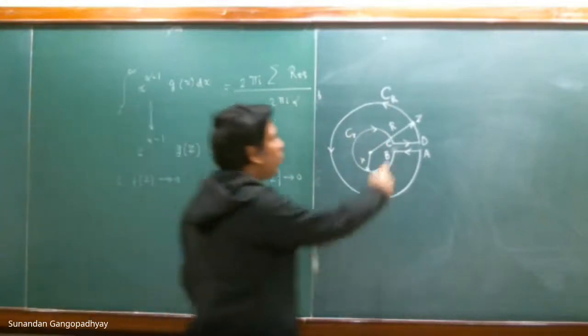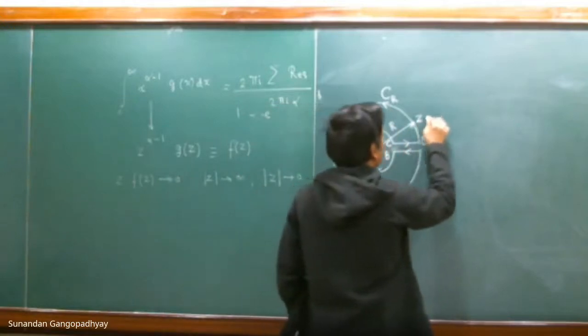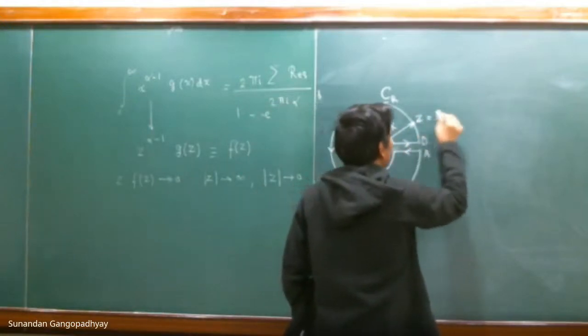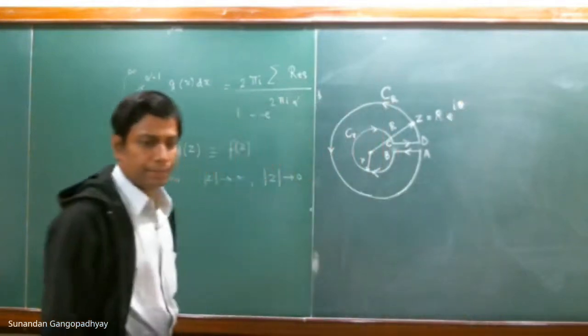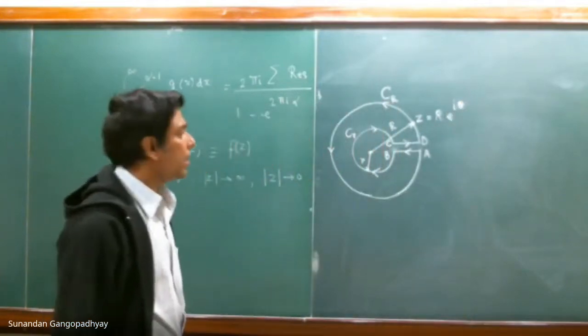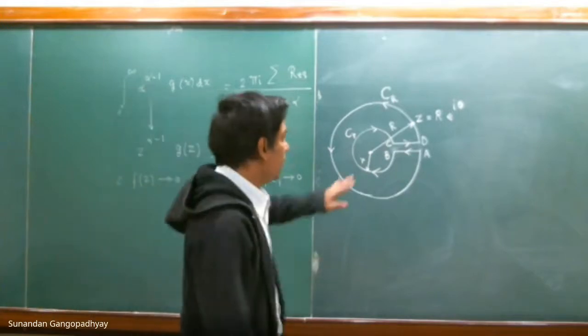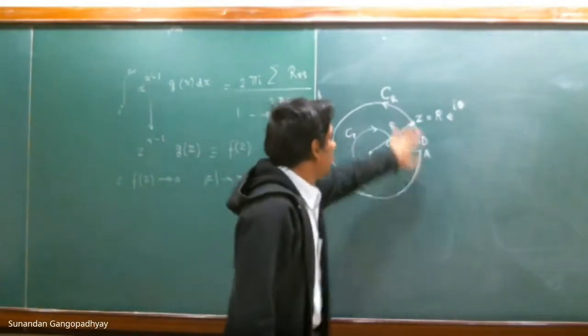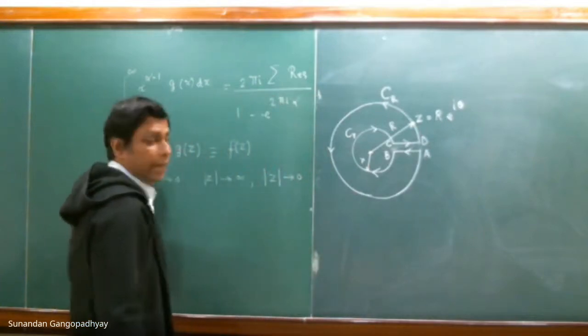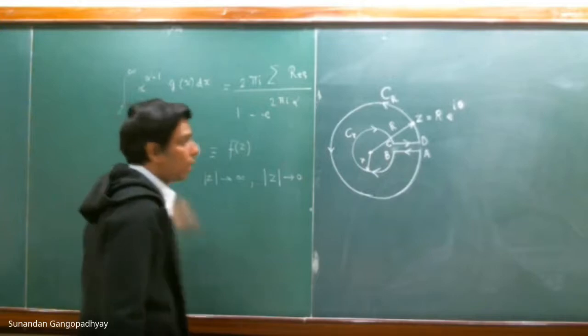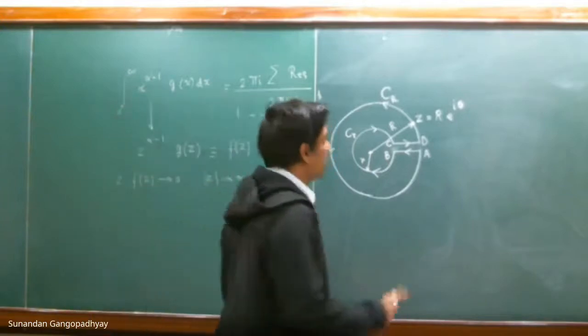So if z is a point on this outer contour, then you can write z as R times e to the power of i theta. But now something very interesting is happening, because please note the integrand. It is z to the power of alpha minus 1, and alpha is not an integer.